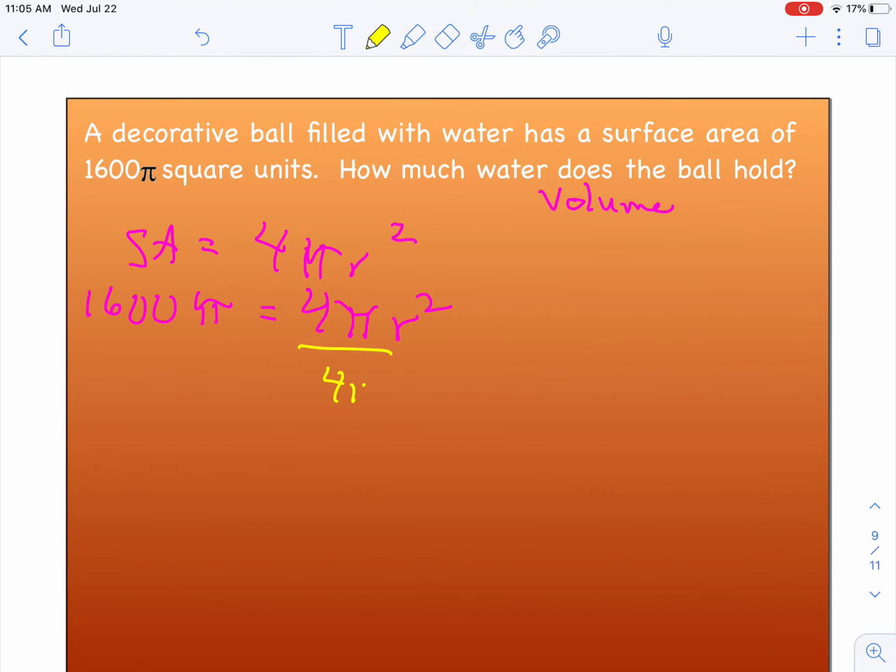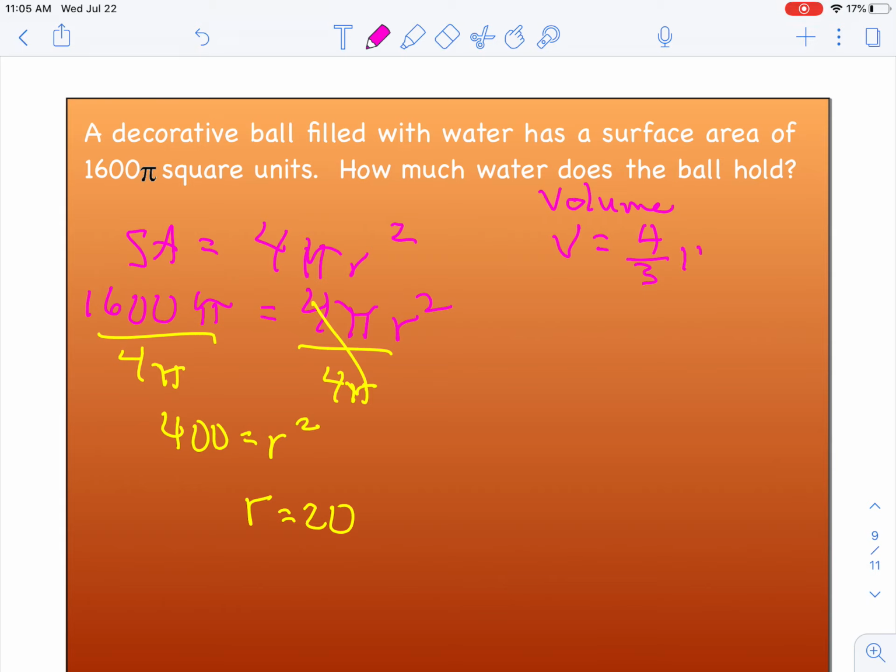So now I'm going to divide each side by 4 pi, which gives me 400 is what my radius squared is. So my radius equals 20. So now I can calculate that volume using the radius I just got, 4/3 pi r cubed.